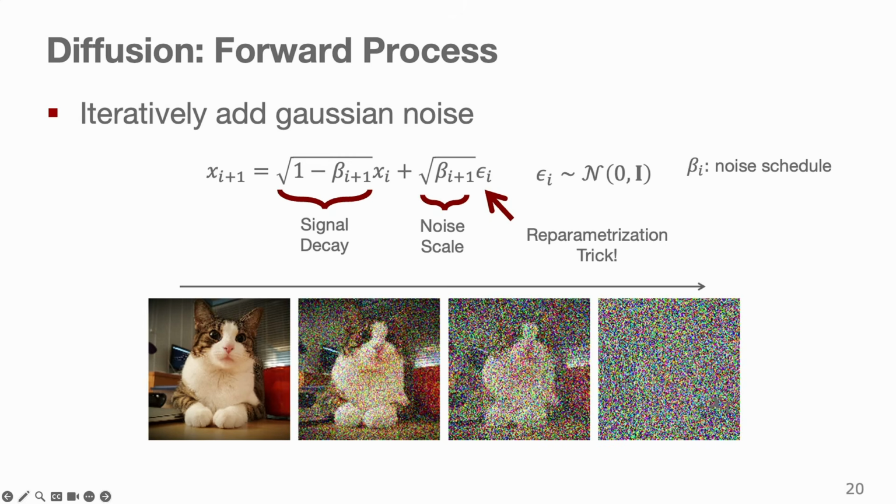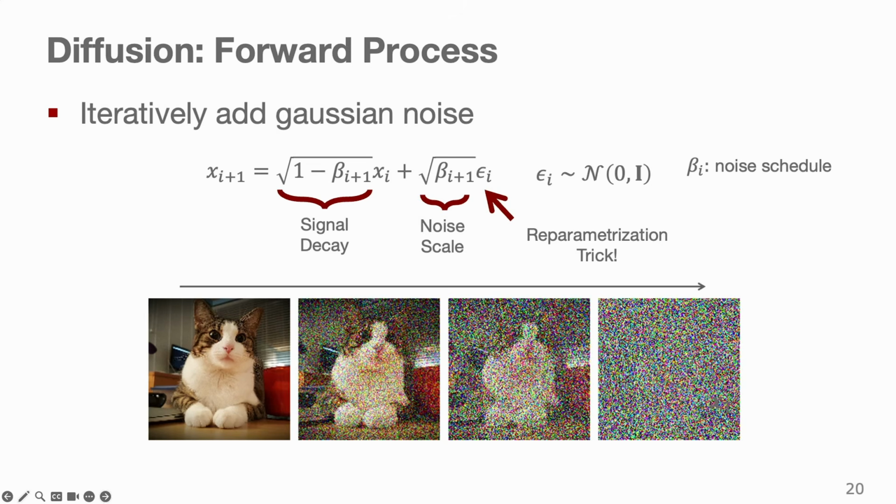At every step, this means we slightly shrink our current sample, pulling it a little closer to 0. And then the second term is the noise scale. The term beta_t is what we call the noise schedule or the variance schedule. It's a hyperparameter that determines exactly how much noise we inject at every step.